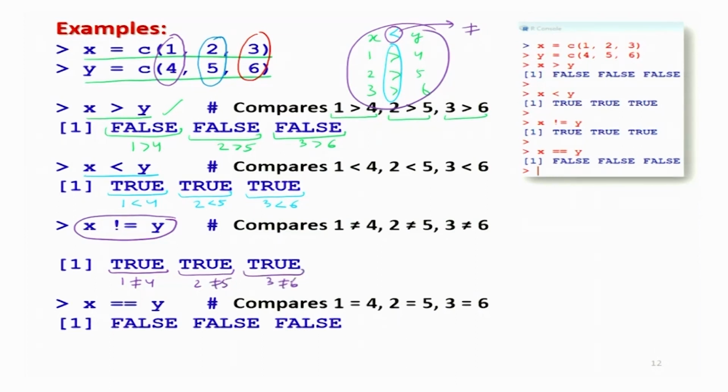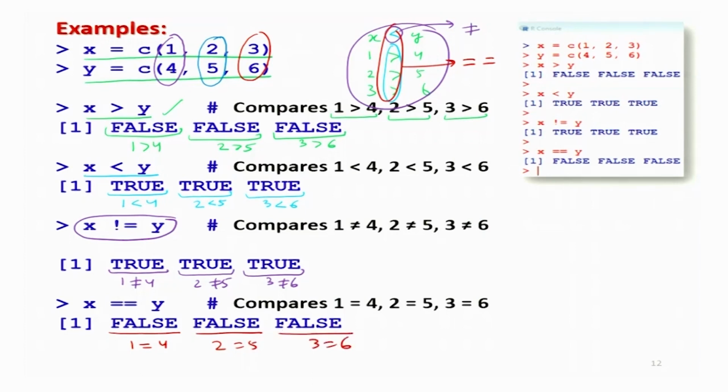Now, after this I consider the equality operator. All these symbols are replaced by the double equality sign, so that it is a logical equality sign. This is the outcome where the first value is the comparison of 1 and 4, that 1 is equal to 4, the second value is the outcome of 2 equal to 5, and the third value is an outcome of 3 equal to 6.